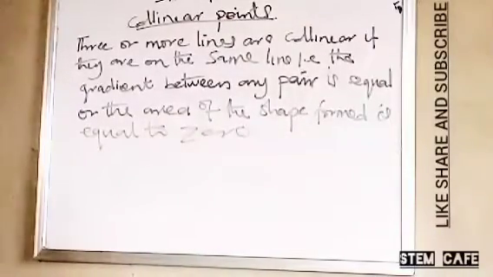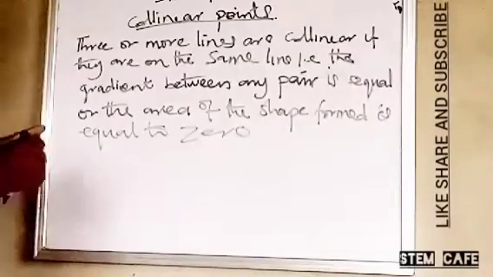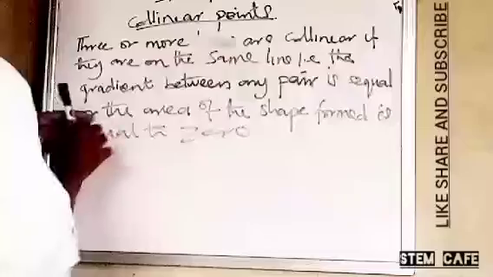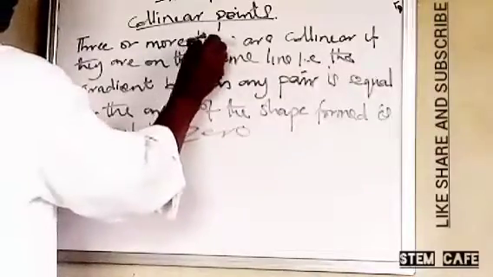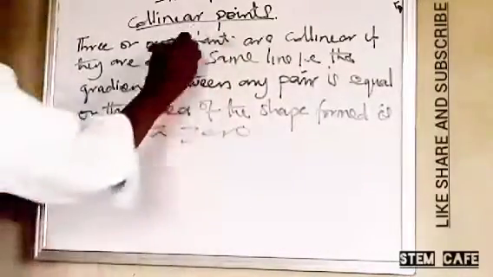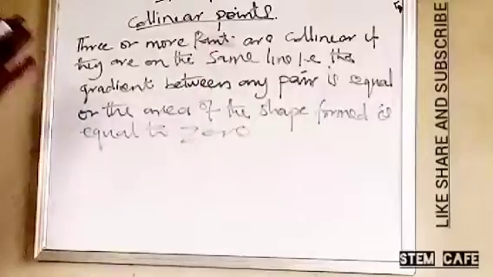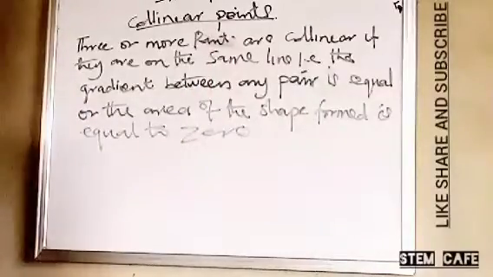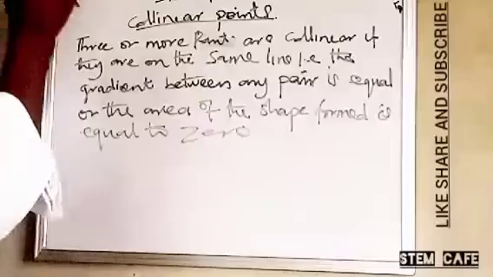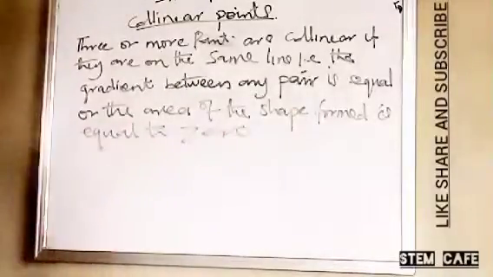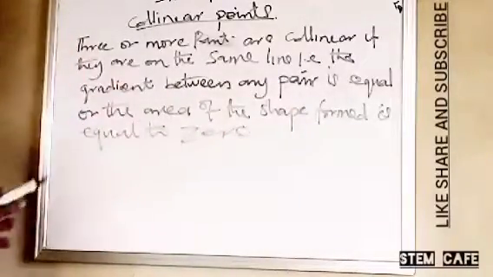Now let's talk about collinear points. We talk about collinear points when we have three or more points. And when we say they are collinear, it means they are on the same line. And how do we know they are on the same line?